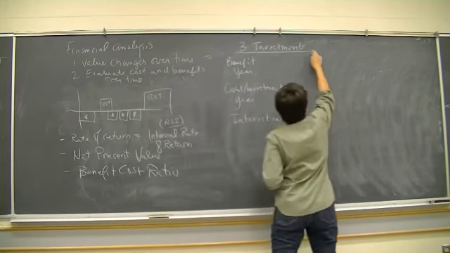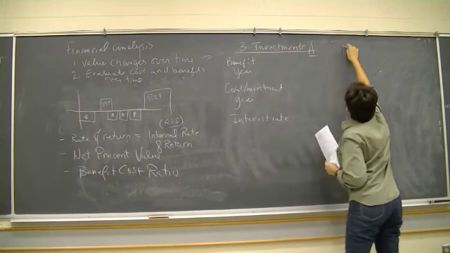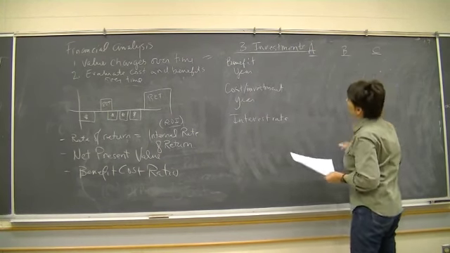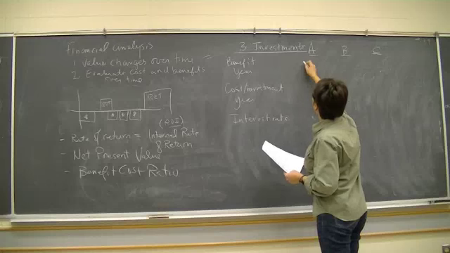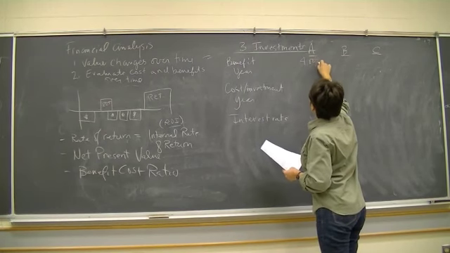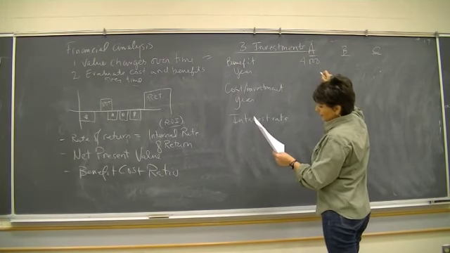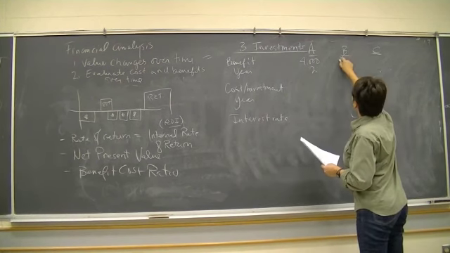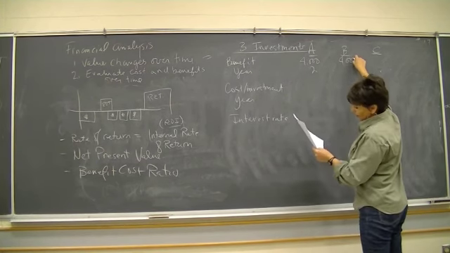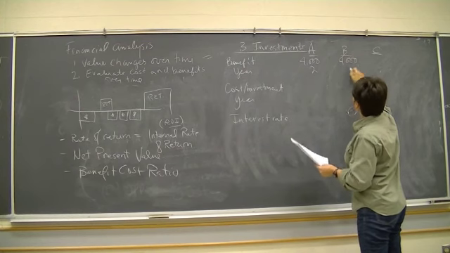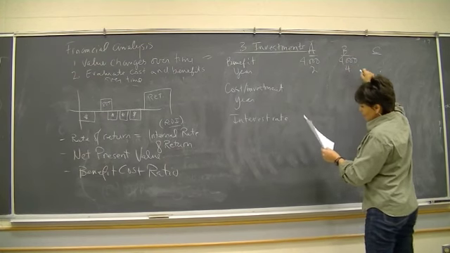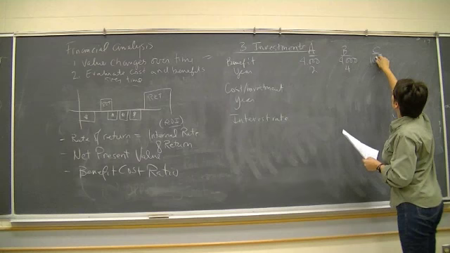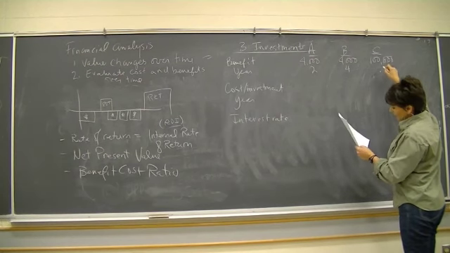Okay. So we've got 3 investments, A, B, and C. The first benefit is $4,000, and you get this benefit in year 2. Second benefit is also $4,000, and you get this in year 4. And the last one is $100,000, and you get this in year 8.